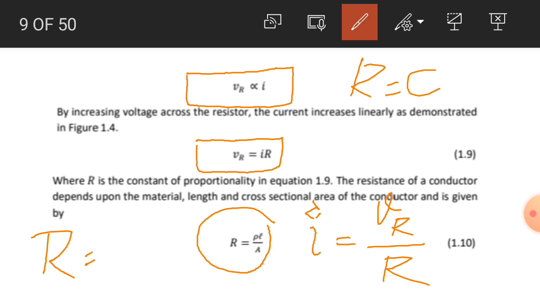It depends upon the material of the conductor, which is known as resistivity, the nature of the material of the conductor. Silver has got different resistivity, gold has got different resistivity, copper has got different resistivity, aluminum has got different resistivity, and so on.